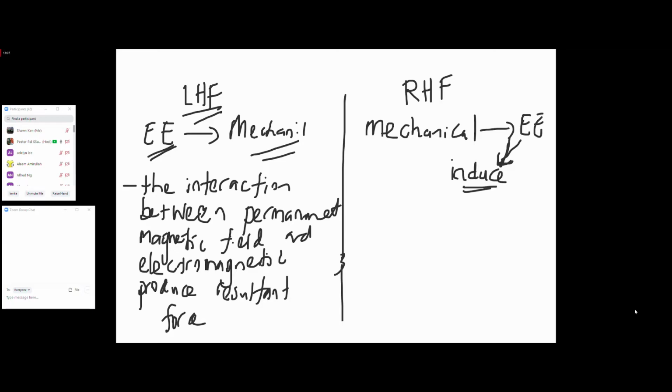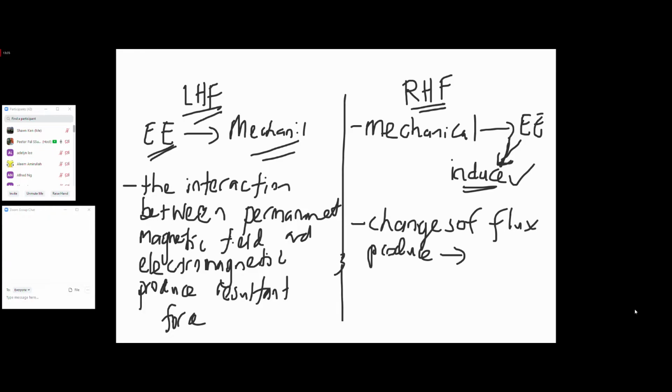Right-hand Fleming's rules, production of induced current. And then right-hand Fleming's rules, what happened? First, we must create the changes of flux or electromagnetic induction. Changes of flux produce what? Induced current.